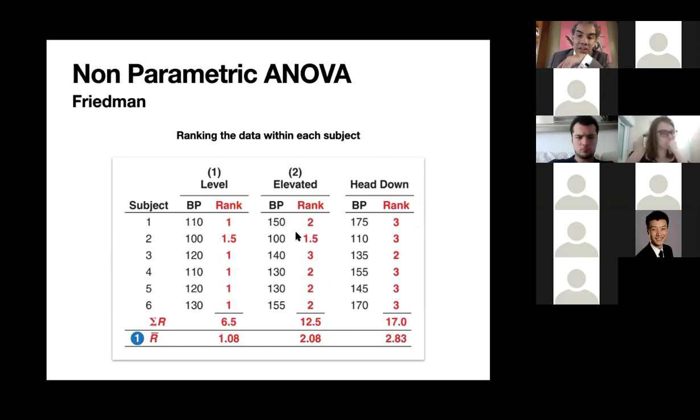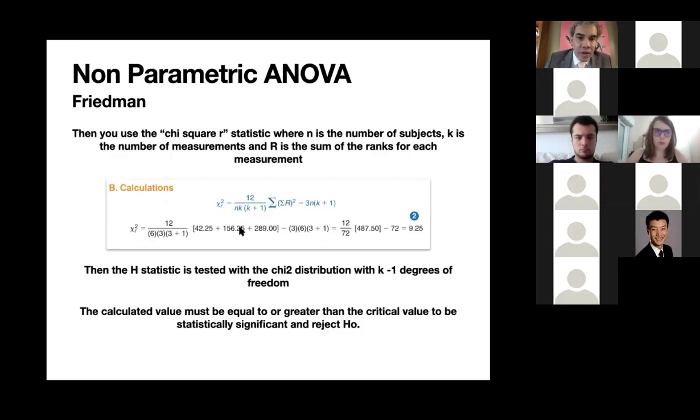And where there are ties, it's like this: 100 is 1, 100 is 2, 1 plus 2 is 3, divided by 2, 1.5, 1.5, and the other 110 will be 3. You rank horizontally here, but when you sum the ranks, you sum them vertically, okay? And this is what you will put in your chi-square R statistic. You'll see it here. You fill in the blanks.